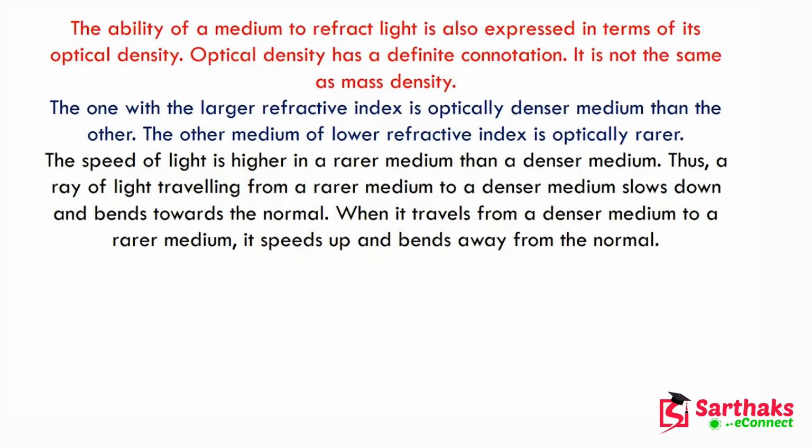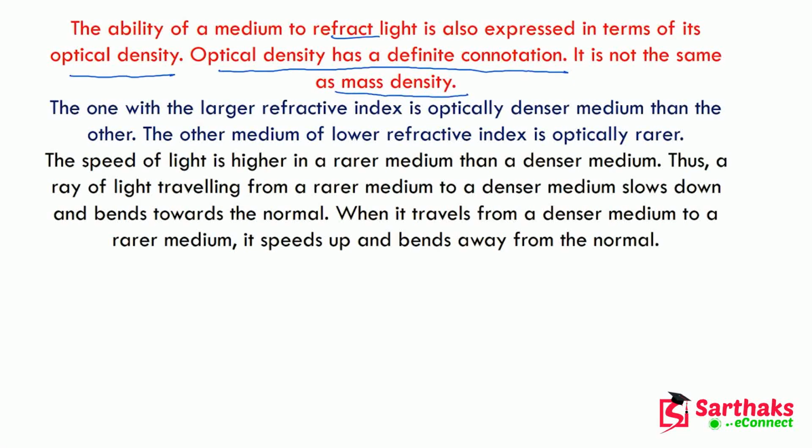Okay. So the ability of a medium to refract light is also expressed in terms of its optical density. Optical density has a definite connotation. It is not the same as mass density.